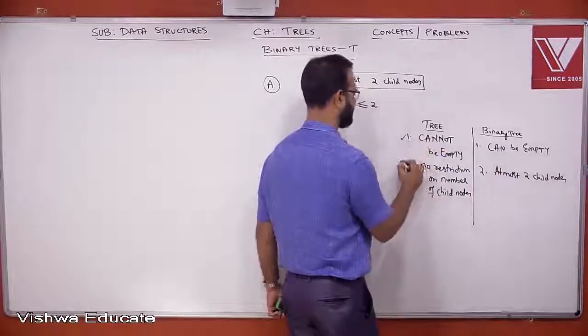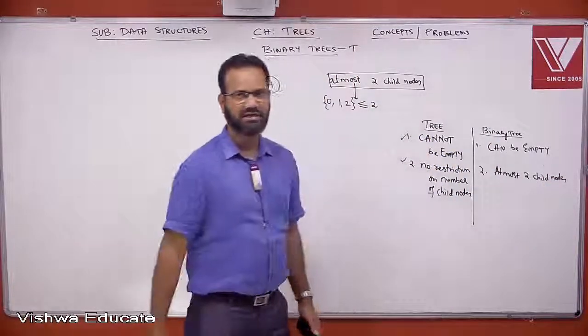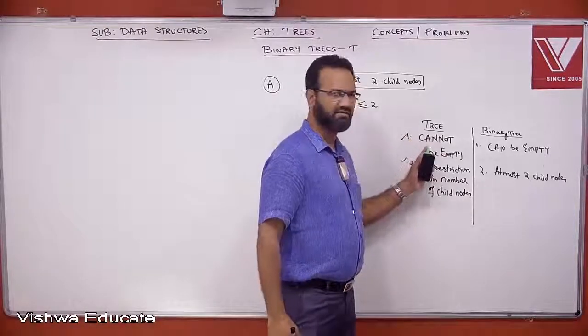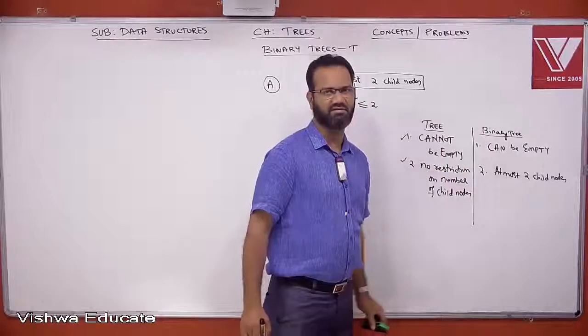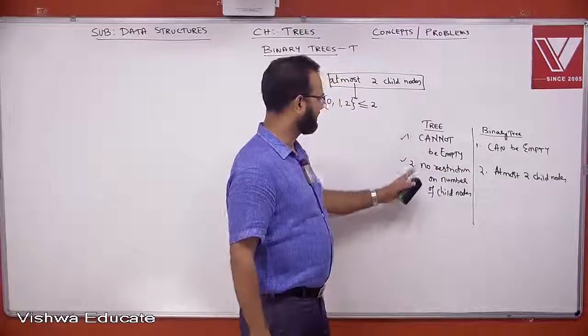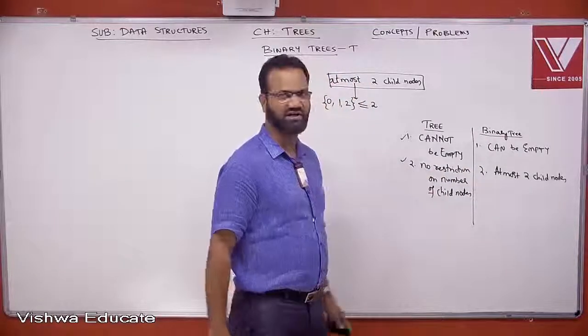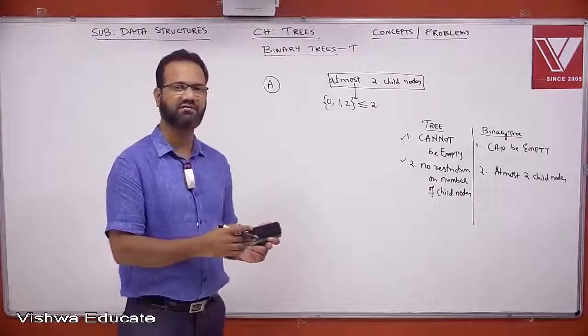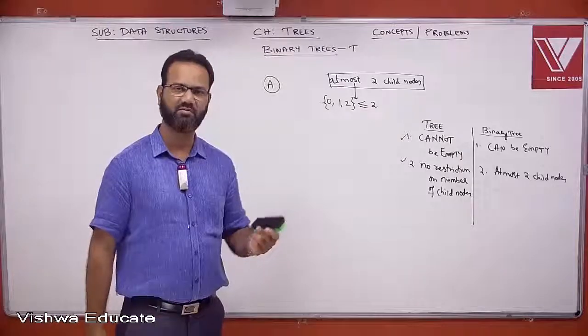There are 2 points you need to consider regarding tree and binary tree. A tree cannot be empty, whereas a binary tree can be empty. And there is no restriction on the number of child nodes you can have. As we have seen, we have 3 child nodes, we can even have 4 child nodes, more than that also.